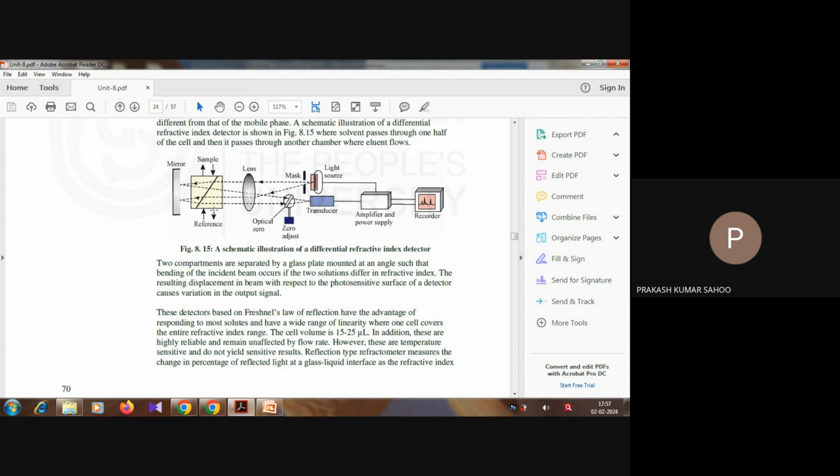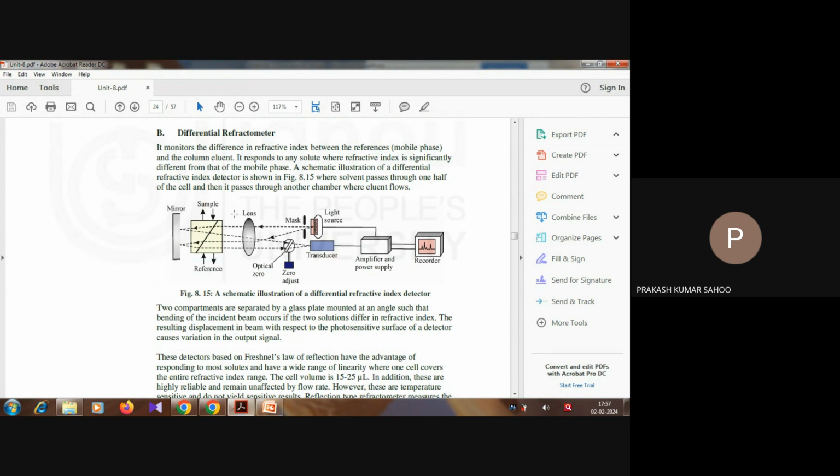These things are there in your differential refractometer. The same mechanism applies here after the separation of the components. After the separation, this refractometer starts its work to detect the exact composition or exact property of the separated component.